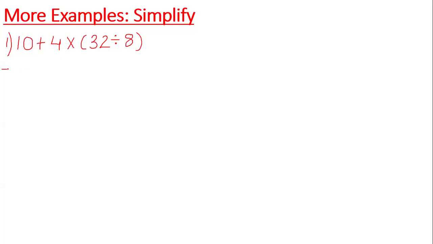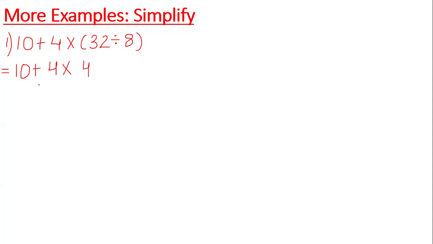What do we do here? Brackets first. So it's going to be 10 plus 4 times what? What is 32 divided by 8? 32 divided by 8 is 4.